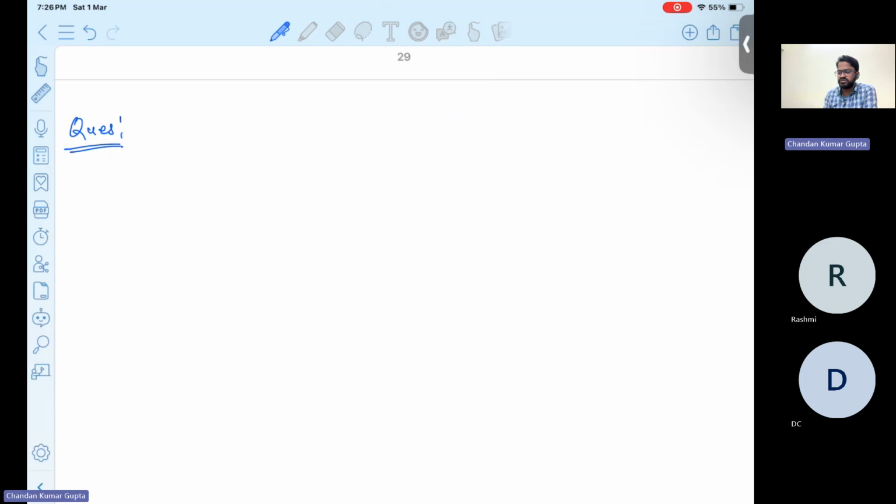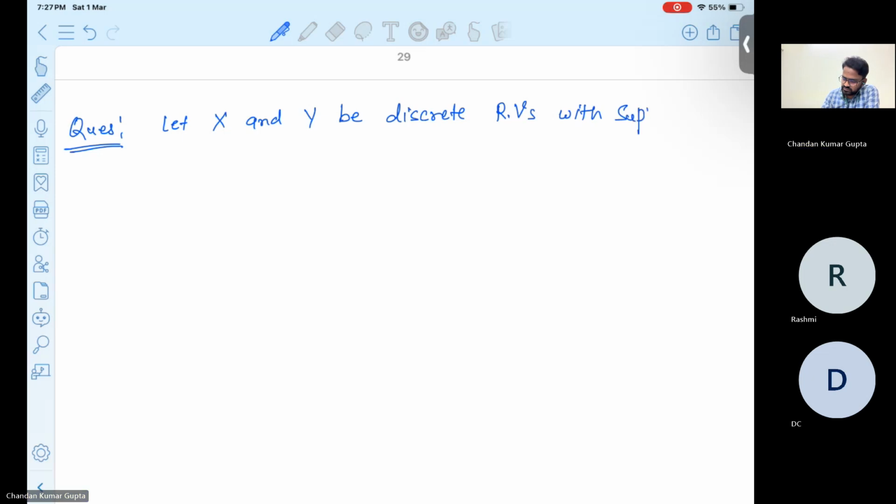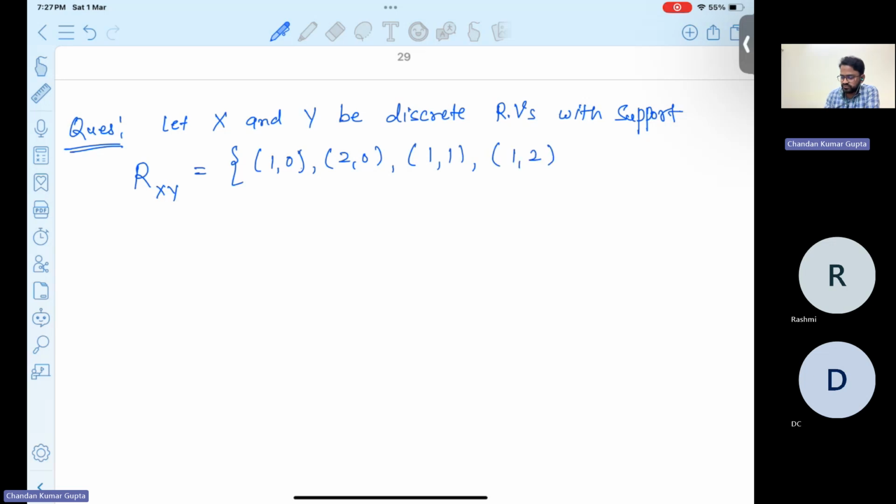Let X and Y be discrete random variables with support R_XY defined like this: (1,0), (2,0), (1,1) and (1,2).